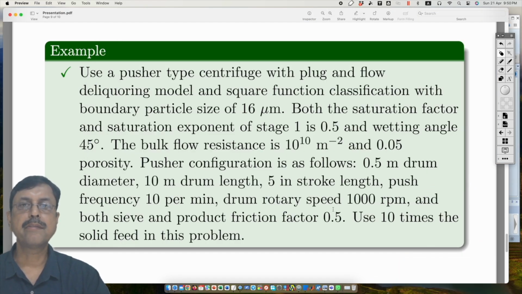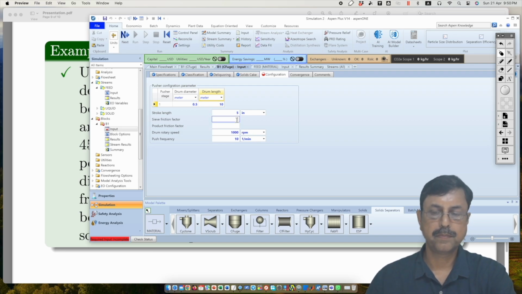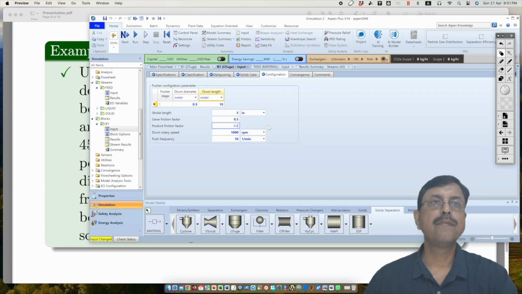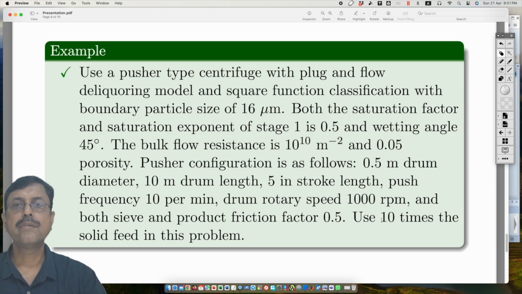Then drum rotary speed 1000 rpm. Both sieve and product friction factor 0.5. Okay, so everything has been fixed. Use 10 times the solid feed in this problem.